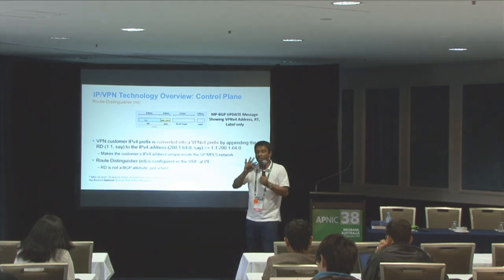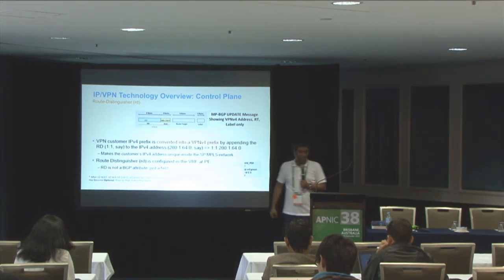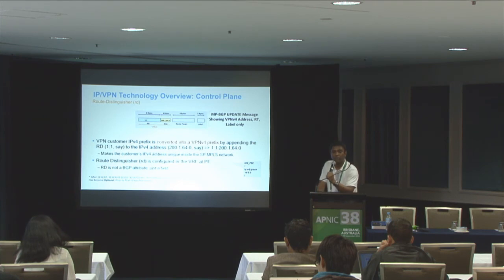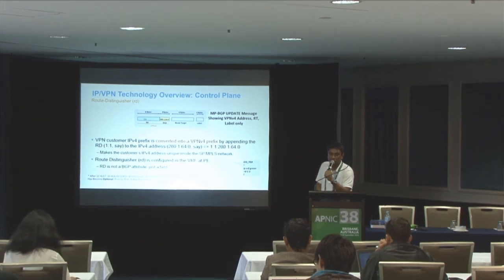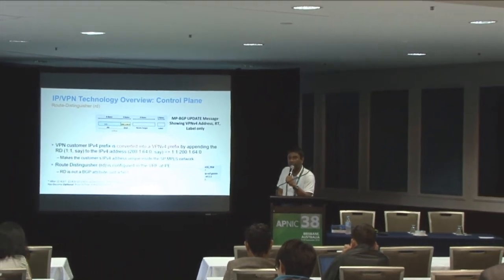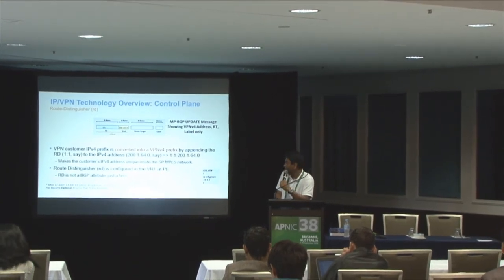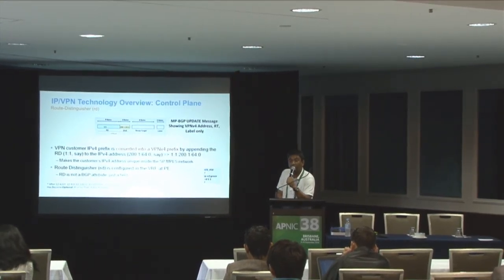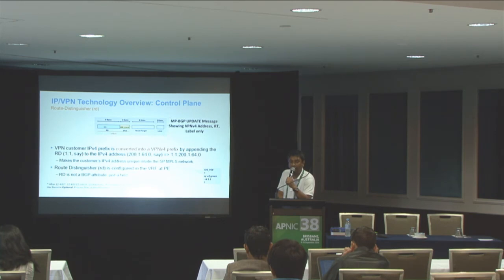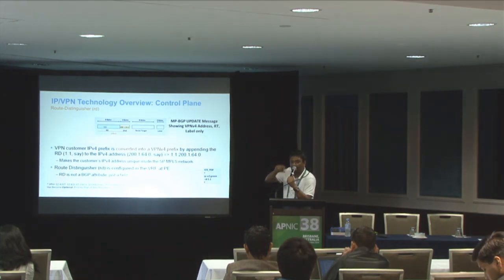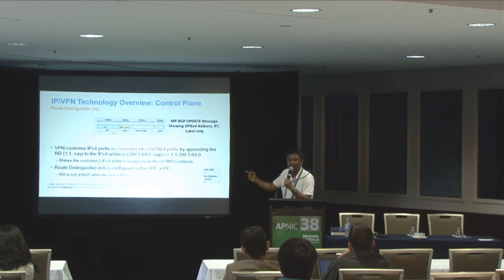So if you see the whole function of L3 VPN, most of the tasks are done on the control plane. So what is the control plane doing? Control plane is creating an environment on MPLS L3 VPN to tell all those PE routers what is my ingress router and what is my egress router, and how to reach from ingress router to egress router.